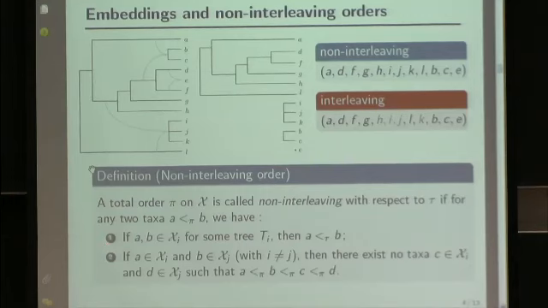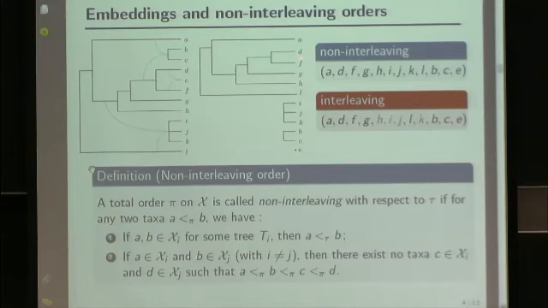The first condition says that if two taxa are in the same tree of my forest F_N, then they have to be in the same order that my topological embedding fixed. For example here, this drawing is giving you a topological embedding, and you say that A has to be before D. So if I fix a total order that starts with D and then goes with A, this is not respecting our tau.